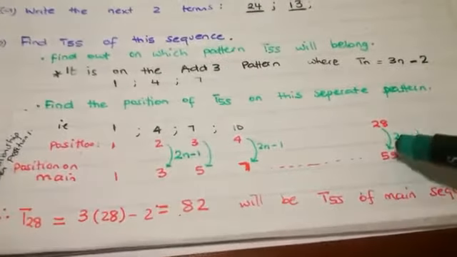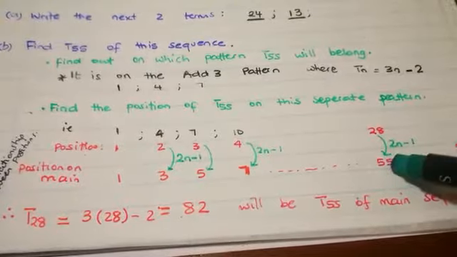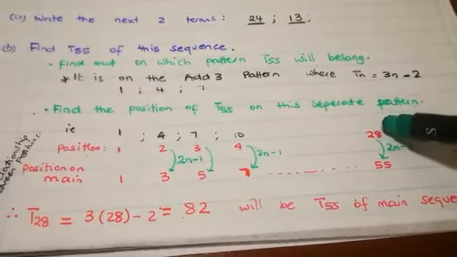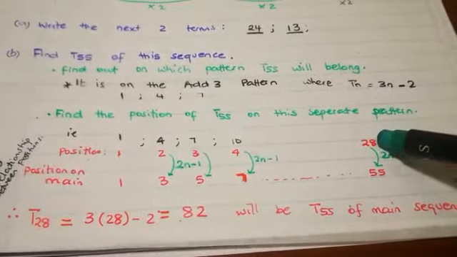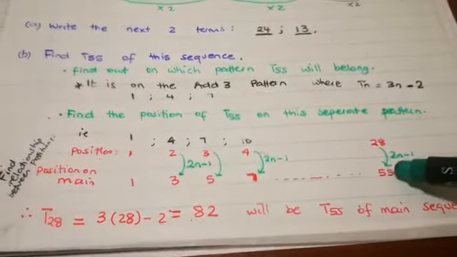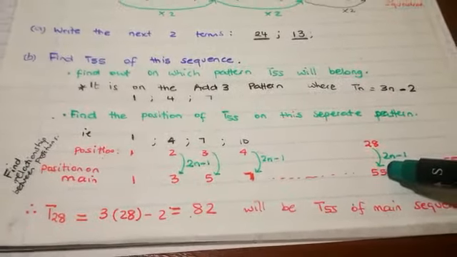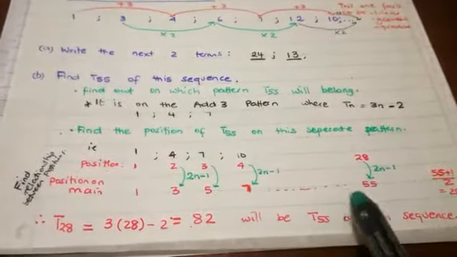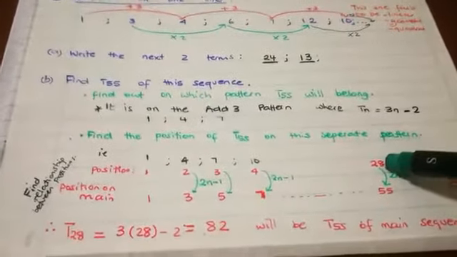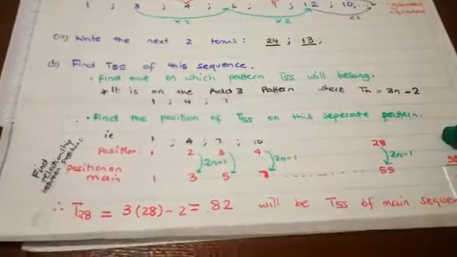So for this one to be term 55, I needed to have term 28. So 28 times 2 is 56 minus 1 will give me 55. So the term that would be term 55 of the main sequence would be term 28 of the red sequence.